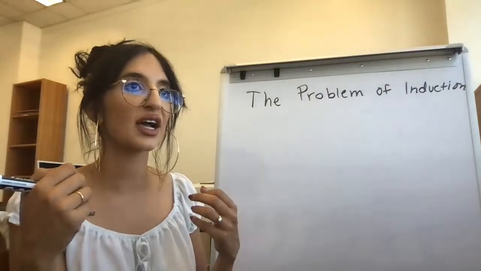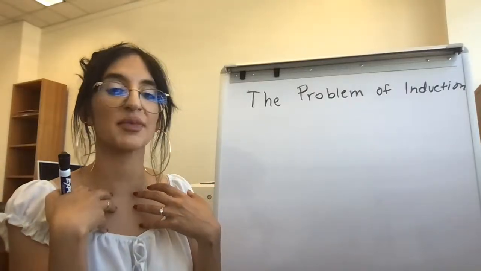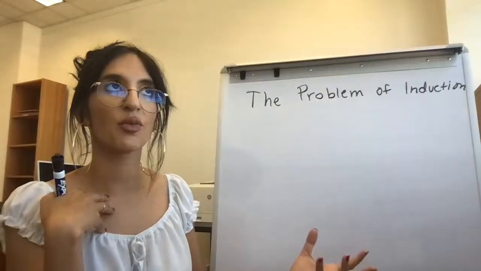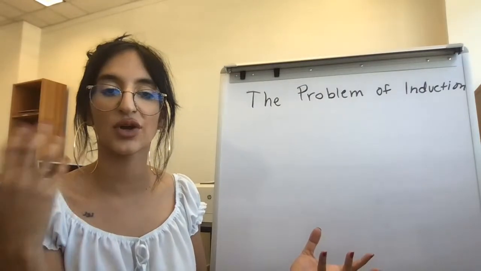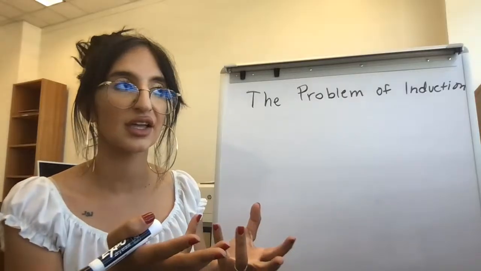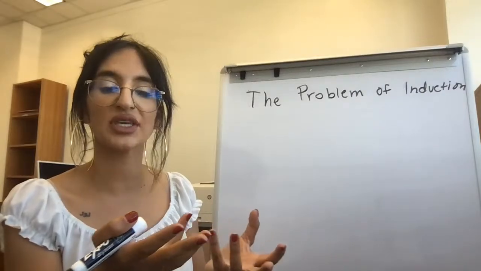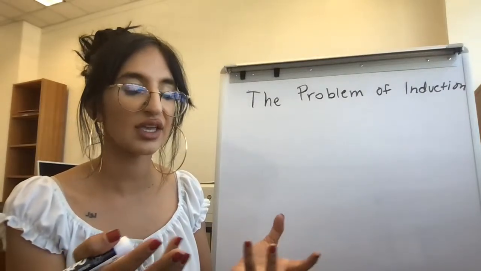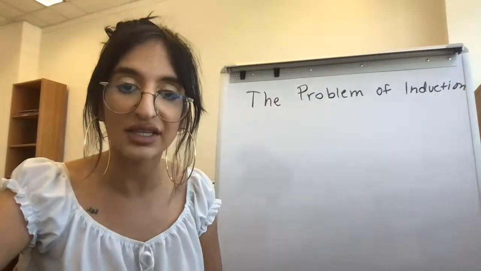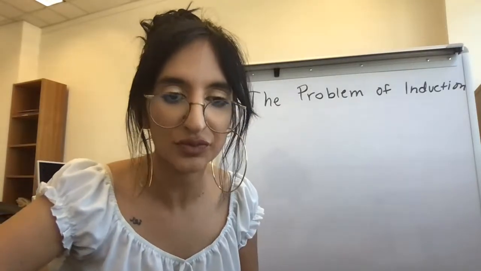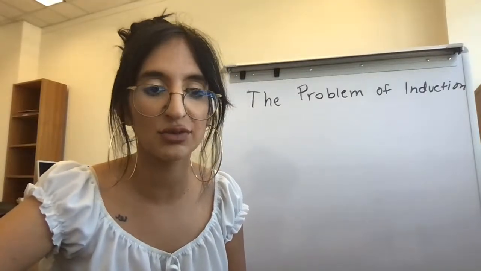Why can't I say as a matter of fact that, if I observed two hydrogen and one oxygen molecule combining to form water 50 billion times, that's a fact? Why do I have to say that it's very likely, but I don't know for sure? Okay. And the reason why is because of Hume's problem of induction.